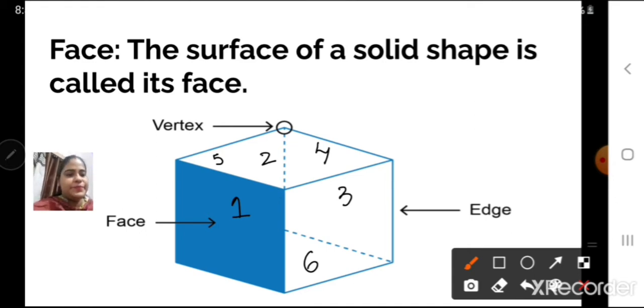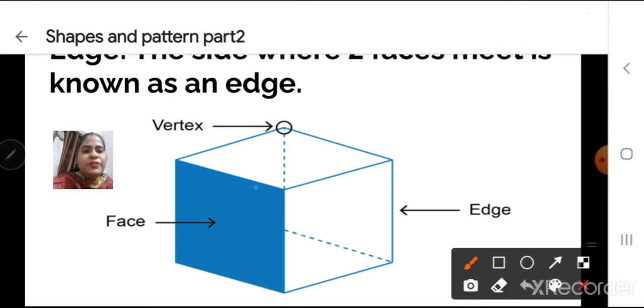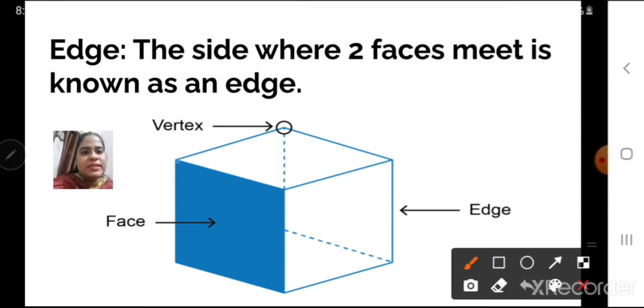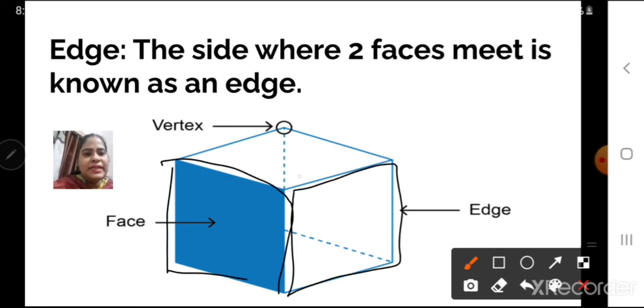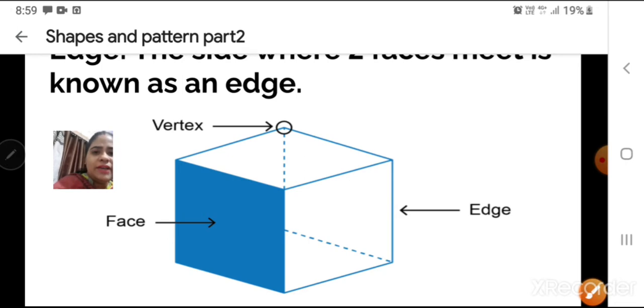Got it? Next is edge. The side where two faces meet is known as an edge. Here, this is one face, correct? This is one more face. Where they are meeting, this part is known as an edge. So how many edges do we have? Let us count.